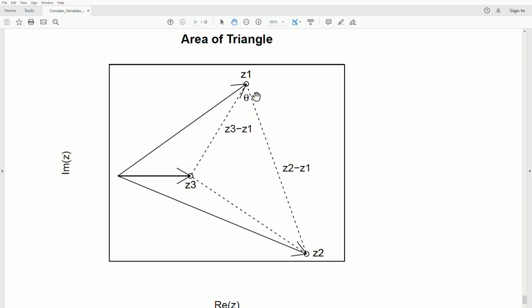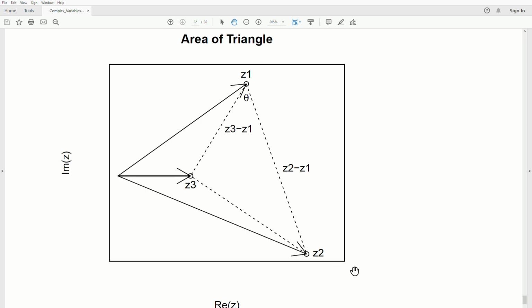Well, if we create two vectors coming out of Z1 that point in the direction of Z2 and Z3, and of course that's Z2 minus Z1 is this vector, and Z3 minus Z1 is this vector. And now we have two vectors, and we can calculate the area of, say, a parallelogram with these two vectors.